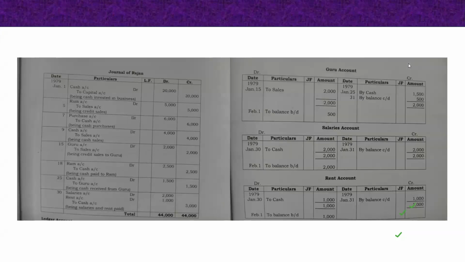And finally, for Mr. Guru's account, salaries and rent account. Is this fine? All clear?